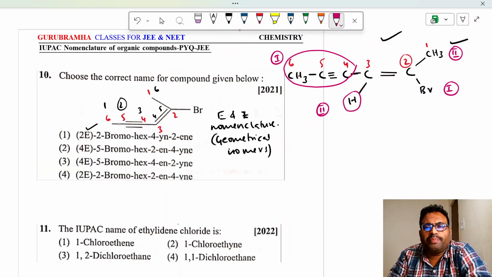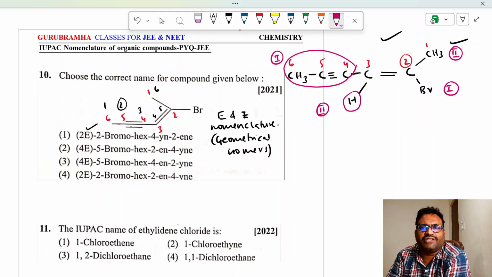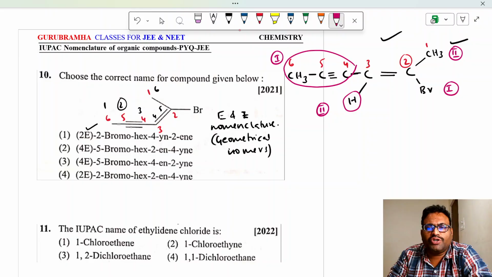So when two high priority groups are on the opposite side, then we write E configuration. E configuration. At what carbon are you finding this E configuration? At carbon 2. So at carbon 2, there is a double bond and the high priority groups are on the opposite side. So we write it as 2E.